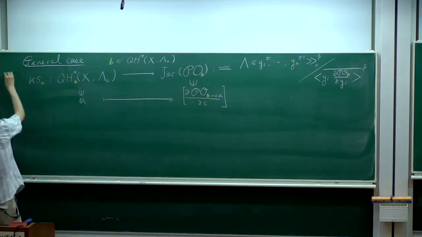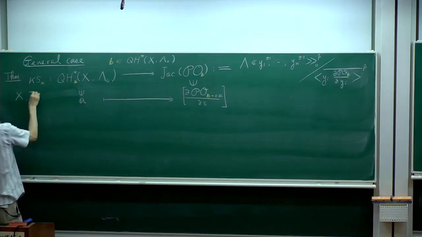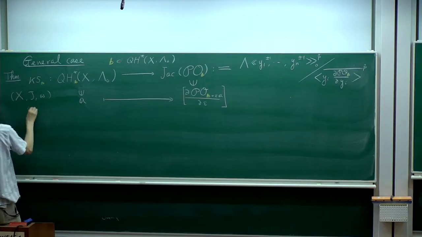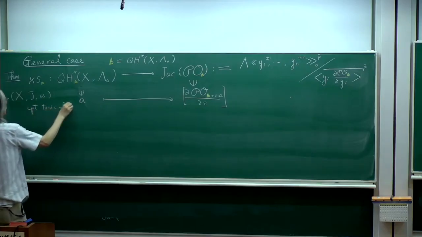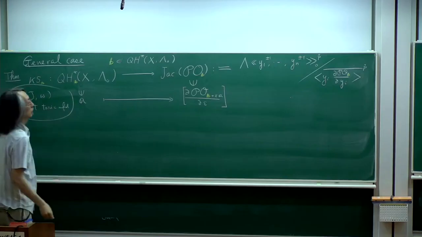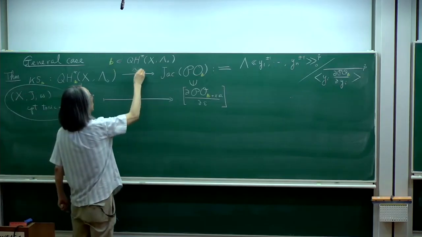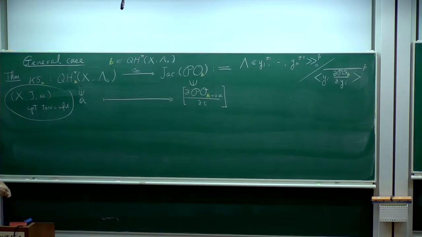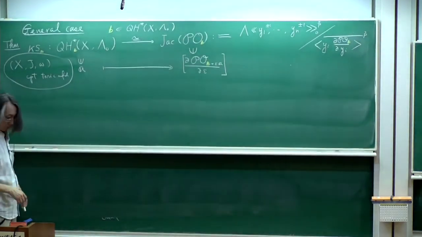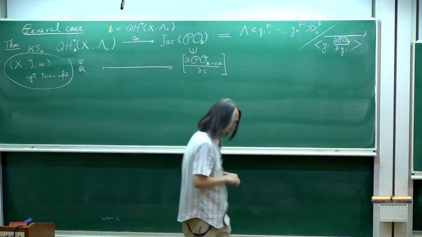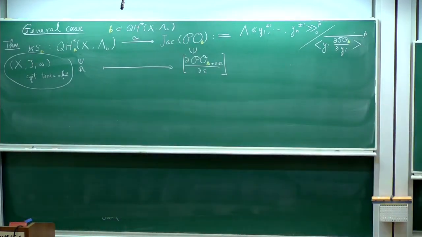And our theorem is, so X, omega is a compact toric manifold, and then this one is actually a ring isomorphism. In the morning, I discussed the isomorphism of quantum cohomology with Batyrev's quantum cohomology ring.